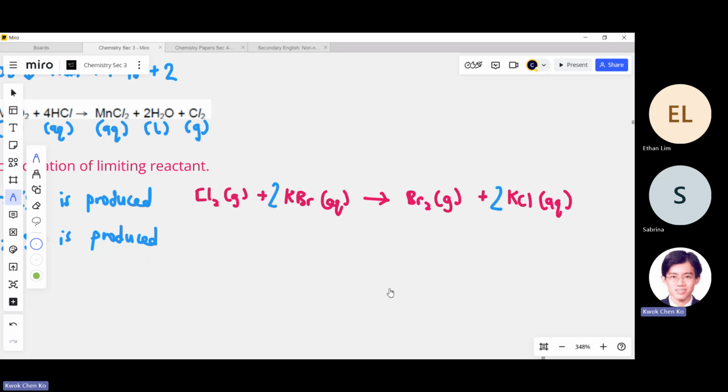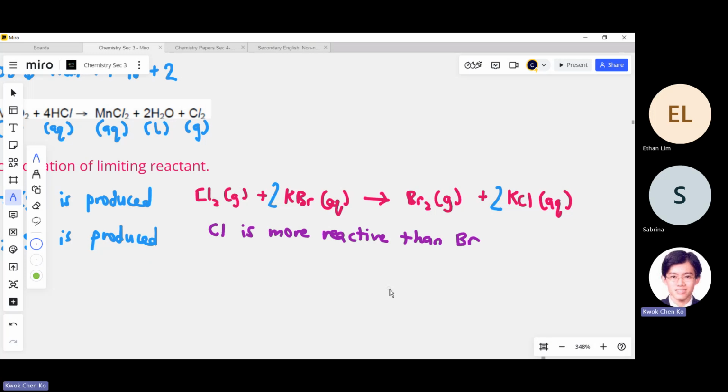Explanation. Oh yeah, Aaron, how do you explain this? Chlorine displaces bromine in potassium bromide. Okay, good. So how do I write this? Chlorine is more reactive than bromine. How do I know?